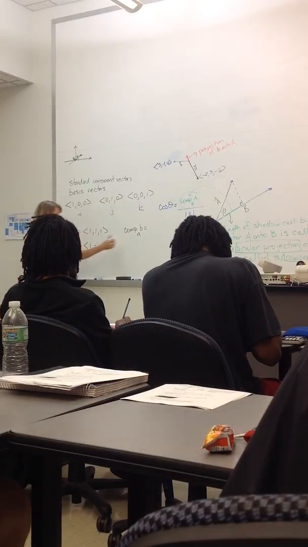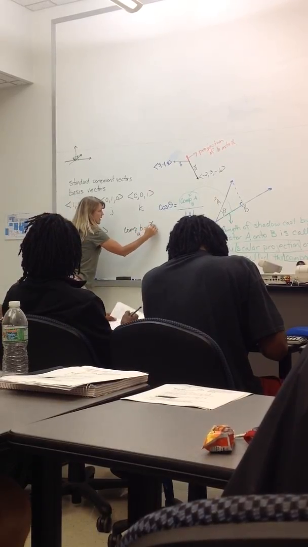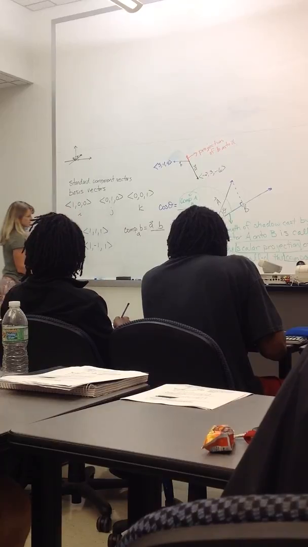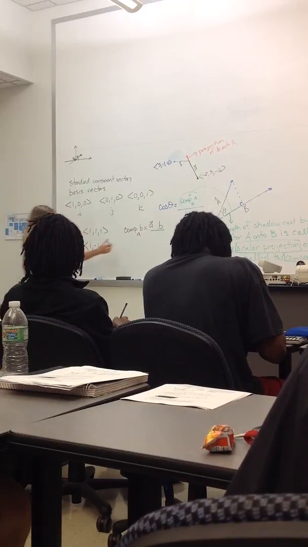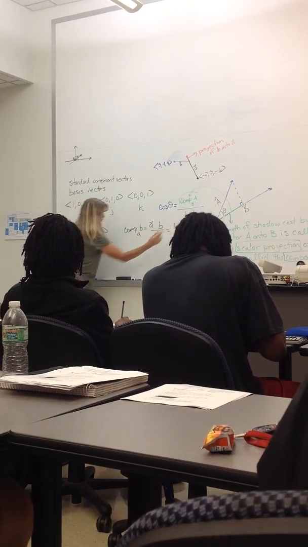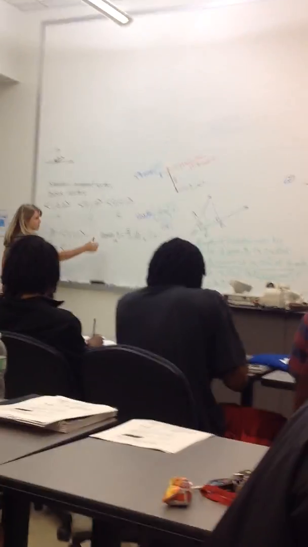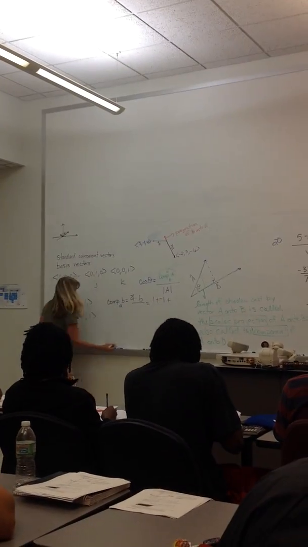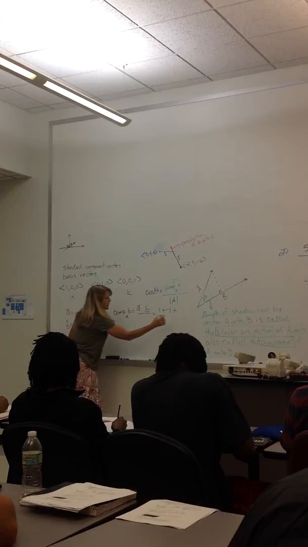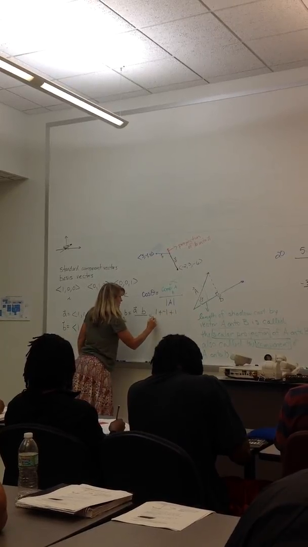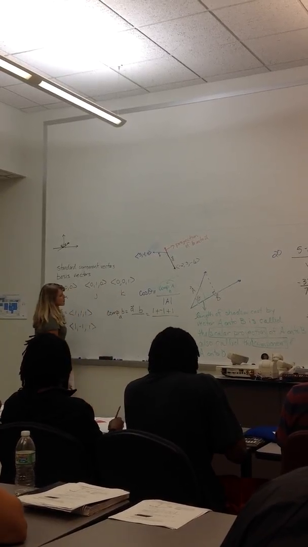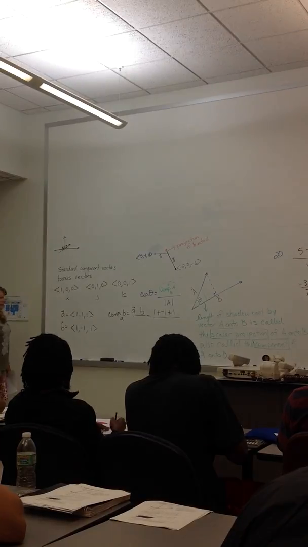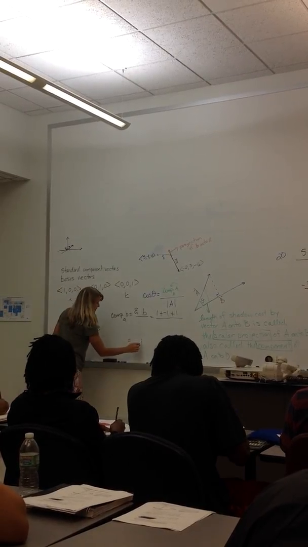A dotted with B is my numerator. So 1 times 1 is 1, 1 times negative 1 is negative 1, and 1 times 1 is 1. So their dot product ends up just being 1 in the numerator.